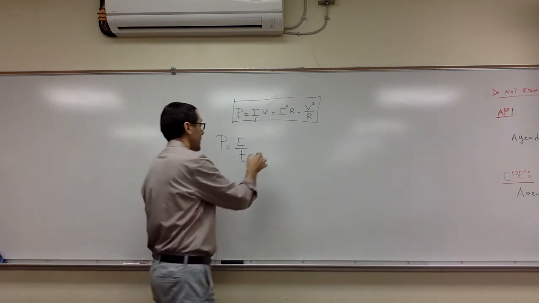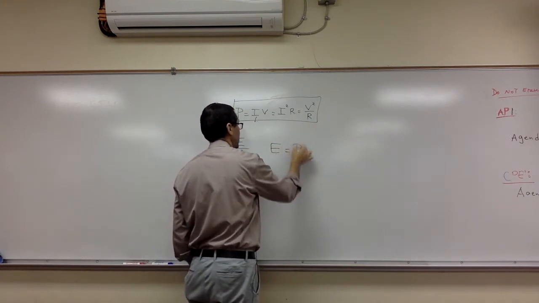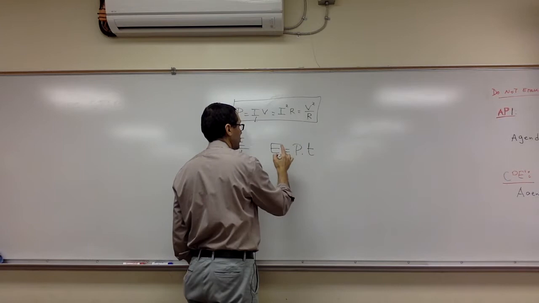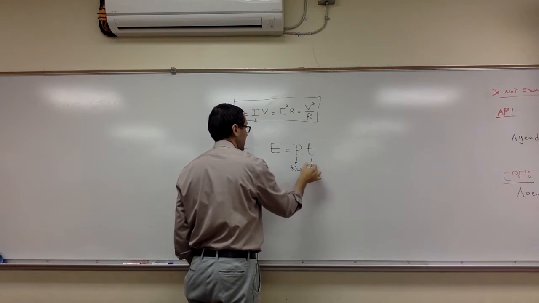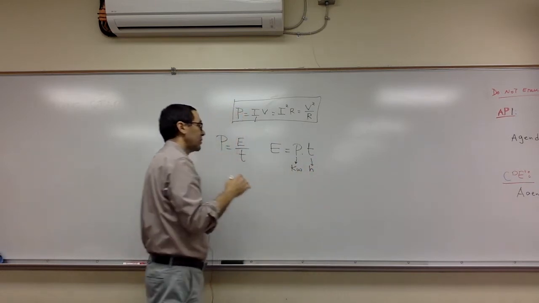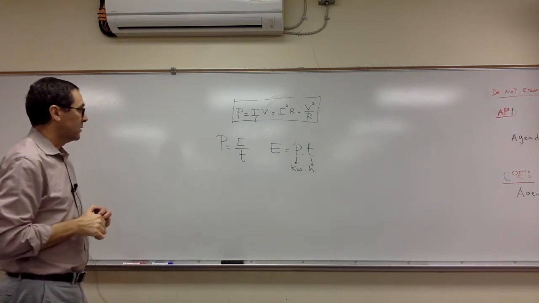So the energy is basically P times T, but they charge you based on kilowatt hour. So power has to be in kilowatts, and time has to be in hours. So it's not kilowatt per hour, it's kilowatt times hour. That's another unit for energy.